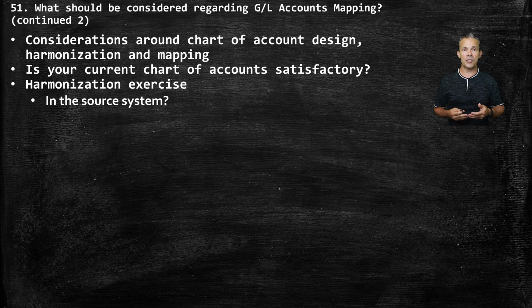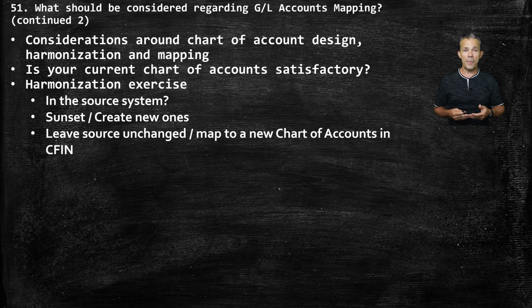Changing the Open Item Managed indicator requires a considerable amount of time, SAP notes, etc. Another approach is to sunset the inconsistent accounts in the source system and create new ones that are consistent. This also requires some effort, change management, transfers between accounts, etc. A third approach would be to leave it as it is in the source system and map to different accounts in Central Finance depending on the harmonization indicators.